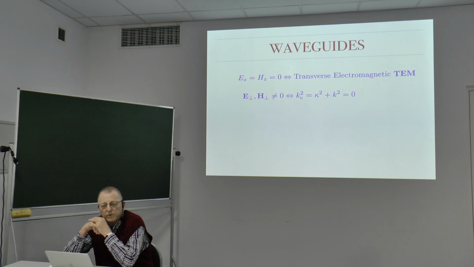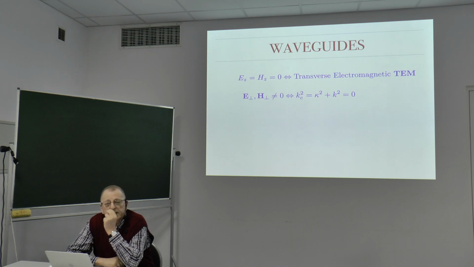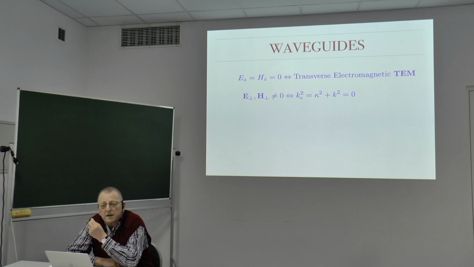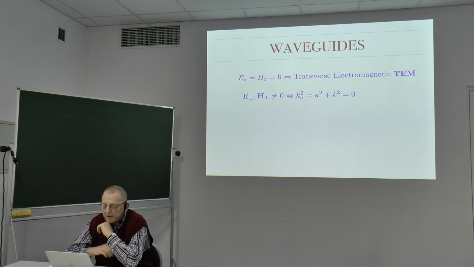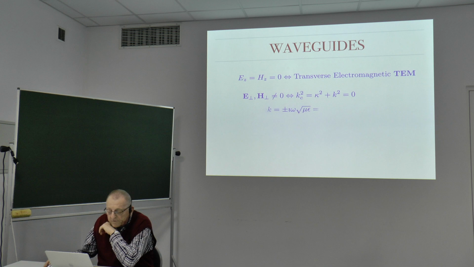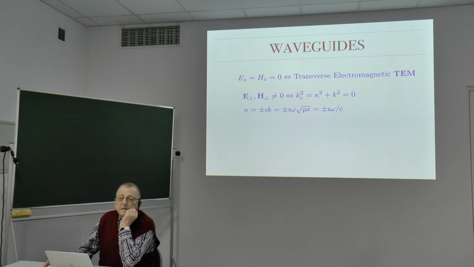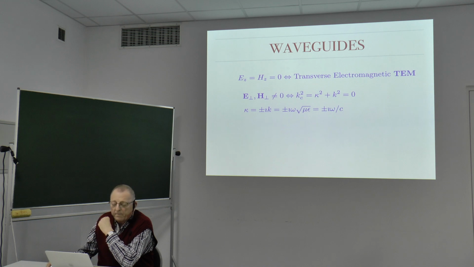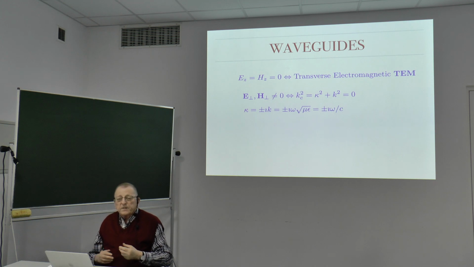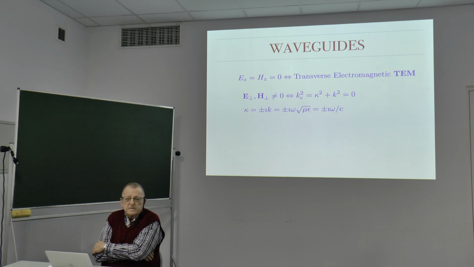So the only way we can find that for Ez and Hz equal to 0, transverse components are different from 0, is that this coefficient K sub C must be equal to 0, and that means that kappa square plus K square also have to be equal to 0. So if this is happening, then because K is real, kappa is purely imaginary, and I can solve it, and that means that we are having a wave.